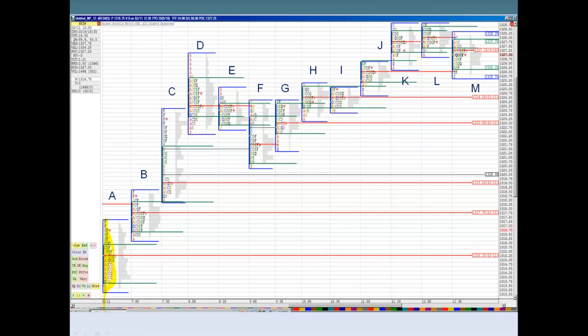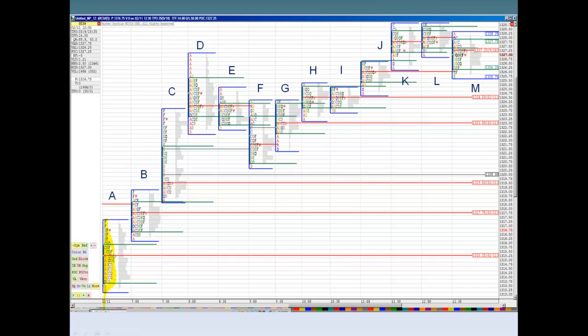If we look at this little mini profile and begin to apply some of the basic concepts that we've learned about the profile, we can extract quite a bit of information. First of all, the shape of it. It is beginning to show a long, narrow profile, and that is typical of a directional market.